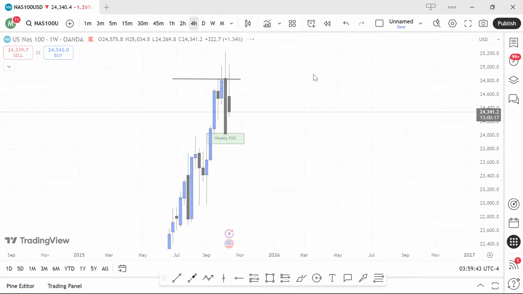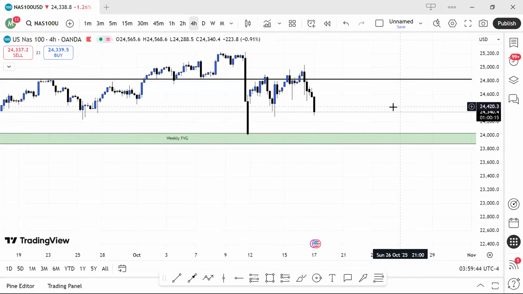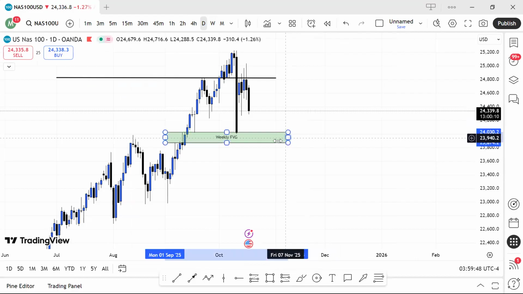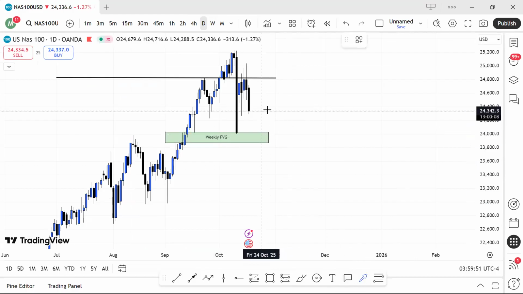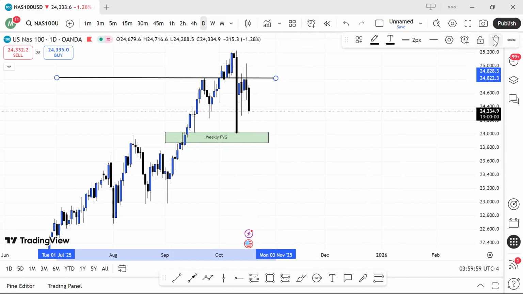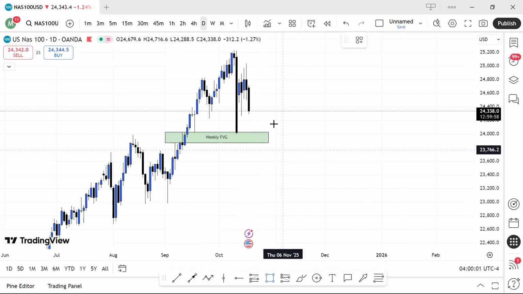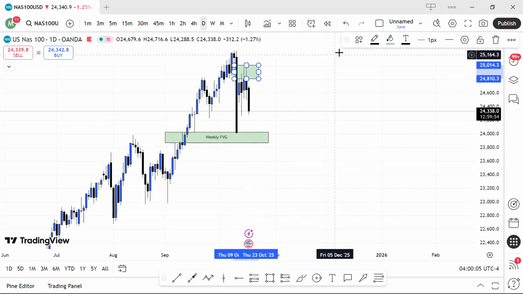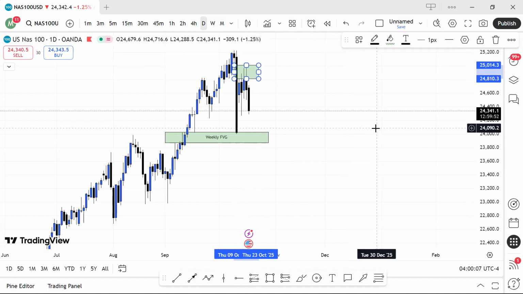And then when you go on the daily time frame, we don't have any point of interest here where the market should be respecting to long from. Though we are respecting this daily bearish fair value gap that is resting here.